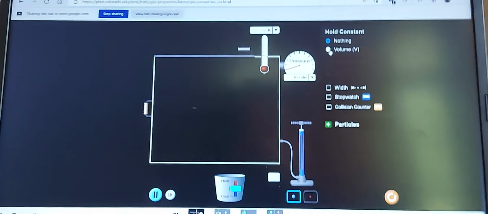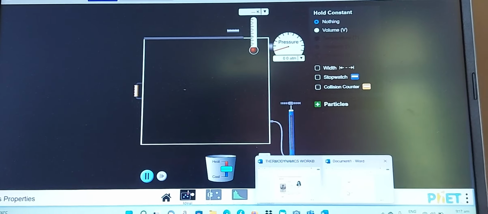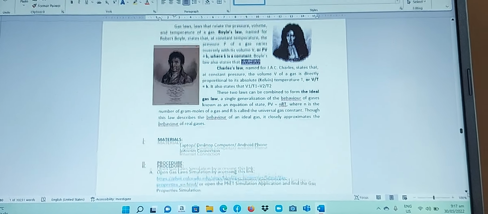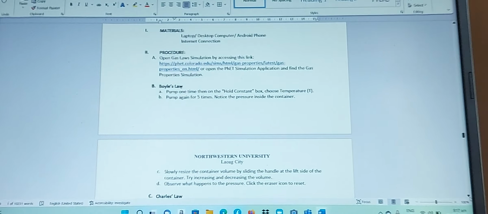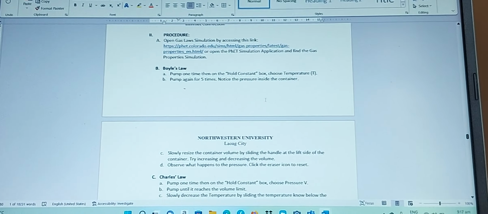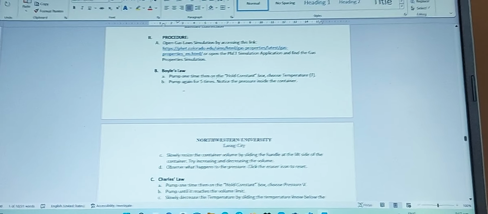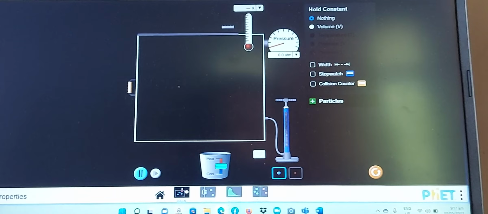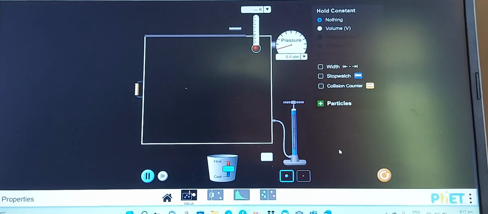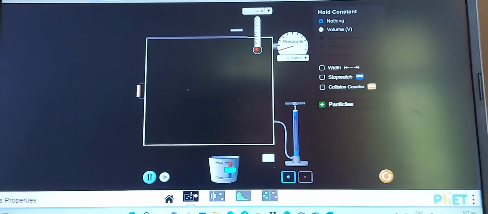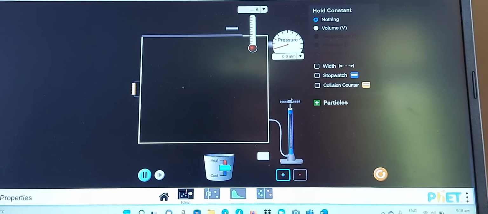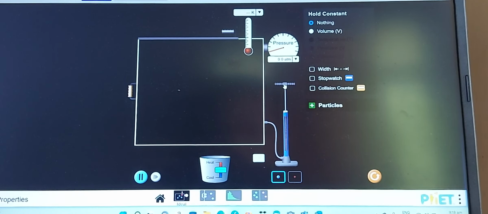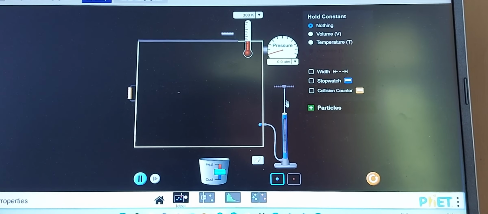We have a procedure here in our workbook. Just follow it. It says here for Boyle's law, pump one time, then in the hold constant box, choose temperature. So just follow the procedure in the workbook. It says we will pump, so place your cursor on the pump. Yan, pull it up, hold it, and we pump one time.